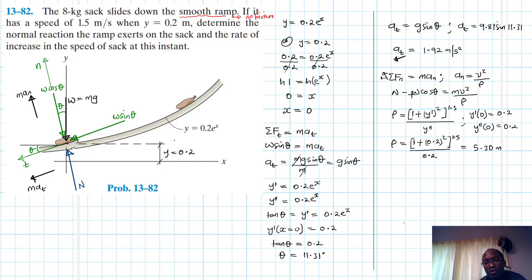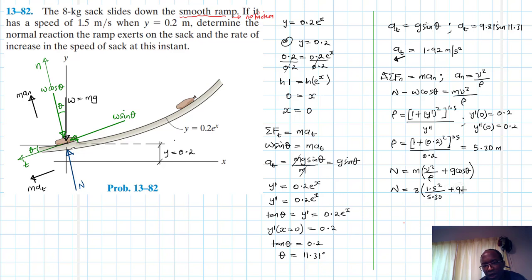So once we have rho, we can write that N is just equal to, we can factor out the m like so, v squared divided by rho plus g cos theta. Therefore, my N there just becomes equal to 8 kg, v we said is 1.5, so v squared is 1.5 squared, and our rho is 5.30.